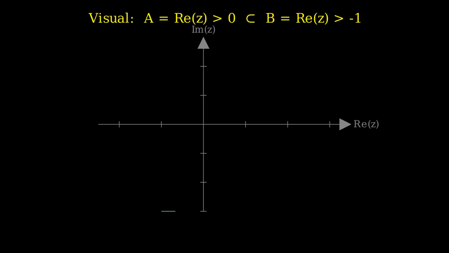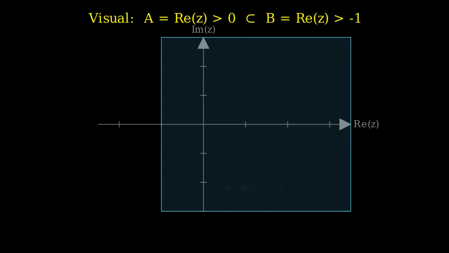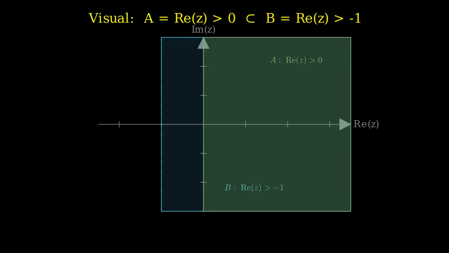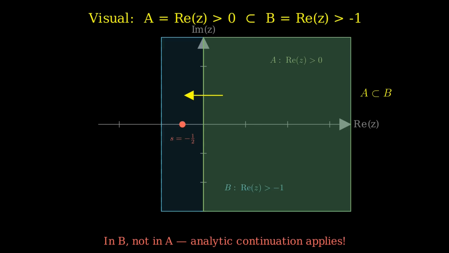Suppose we had some f of z function which is analytic on a region A. Now let's say a region A is contained within another region B. We say that f can be analytically continued from A to B if there's a function f hat of z such that 1, f hat of z is analytic on B, and 2, f hat of z equals f of z for all z in A.